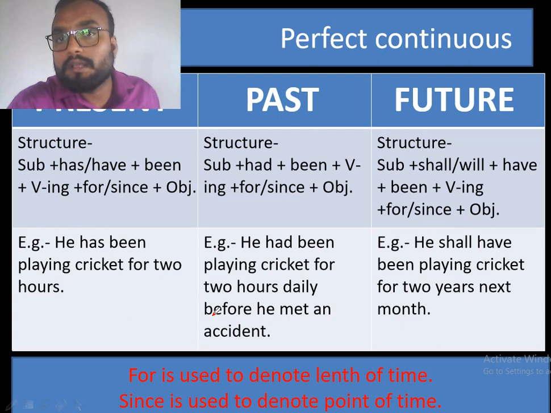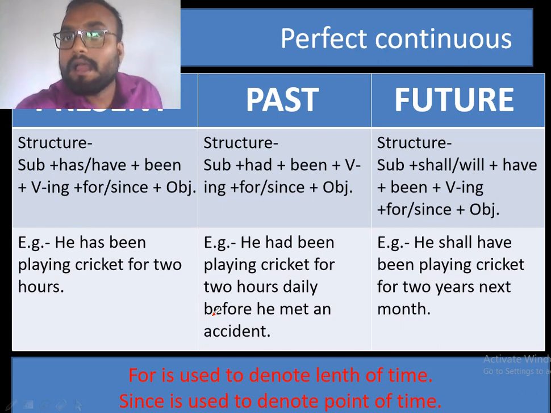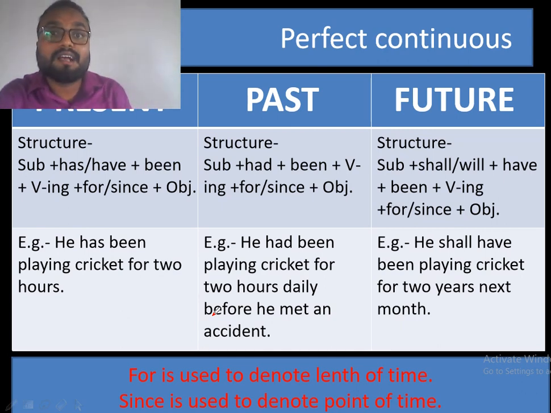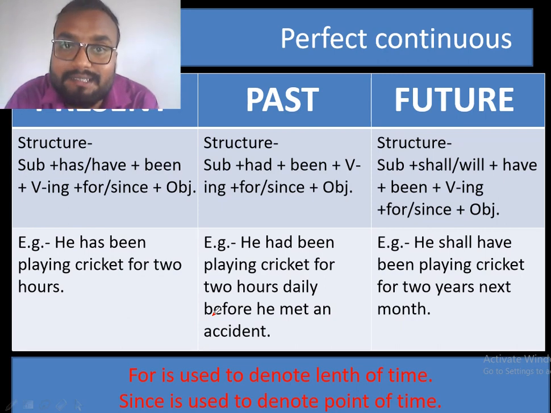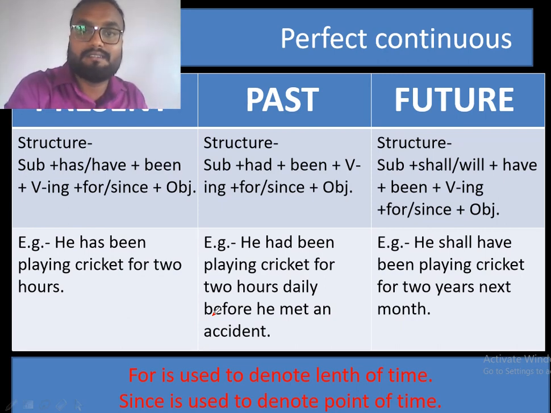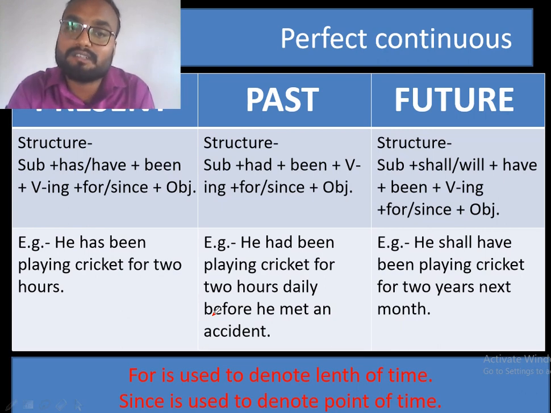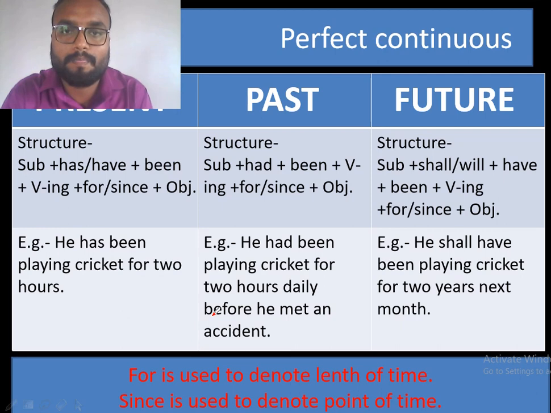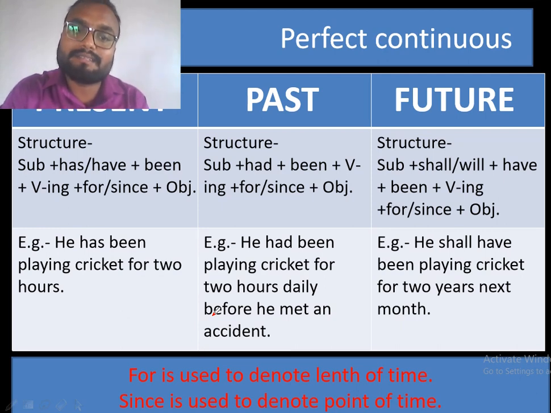If any action is going on, then for how long it has been going on, and that's why it gives a sense of perfectness, that yes, the action is totally sure, the action is going on, but with perfectness as well as with continuity. Why is it perfect?